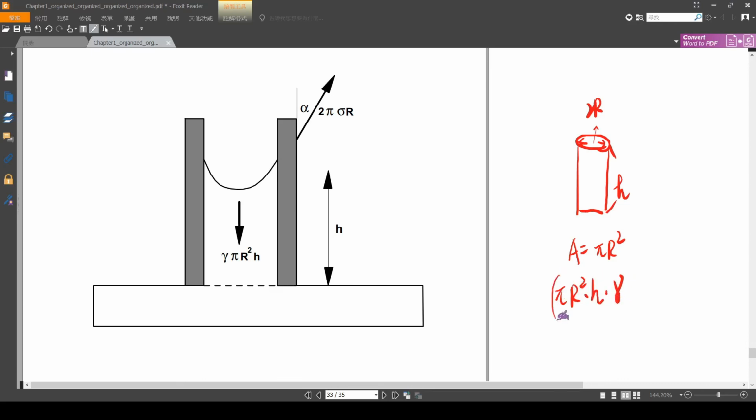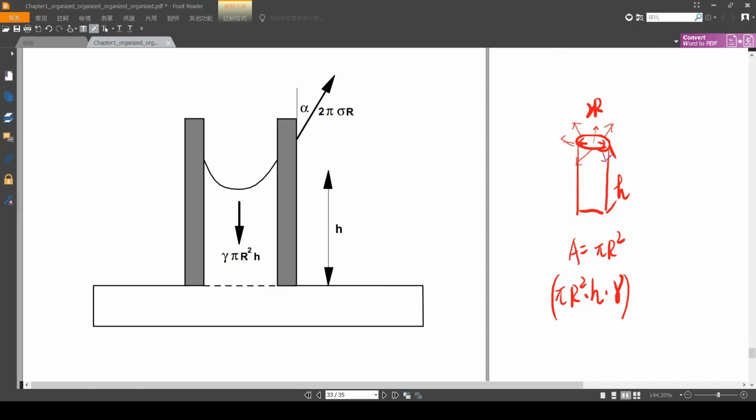So the volume is pi r squared h times the specific weight. This is the fluid weight here. And then there is our surface tension here. The surface tension happens at the surface here, along the perimeter.